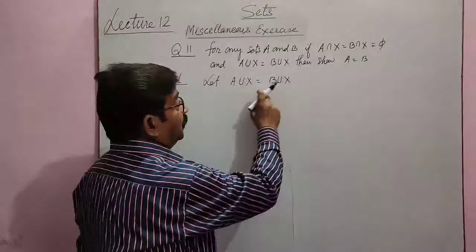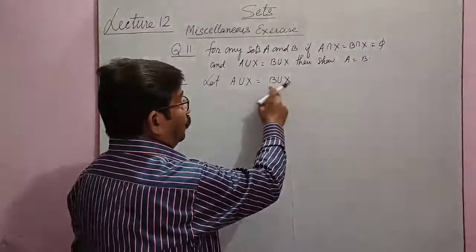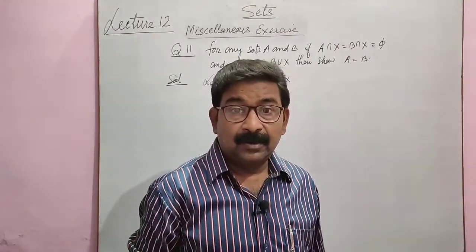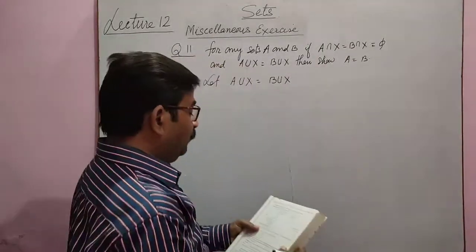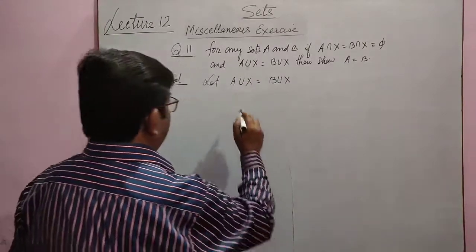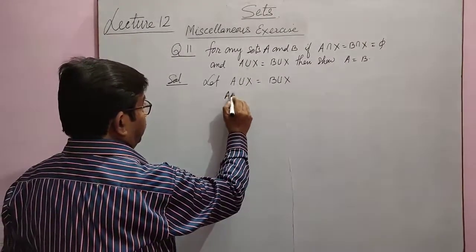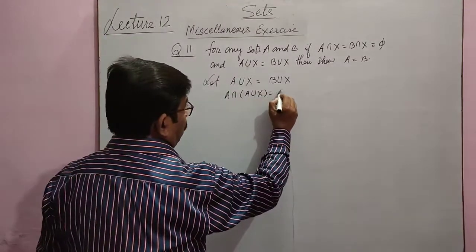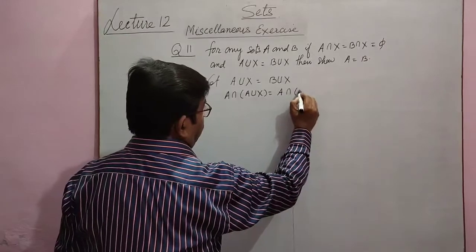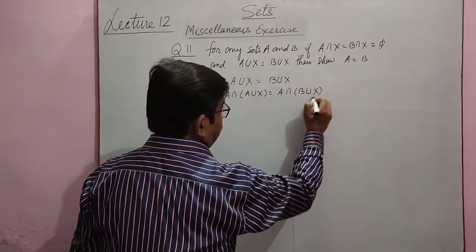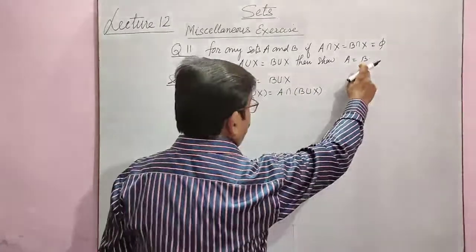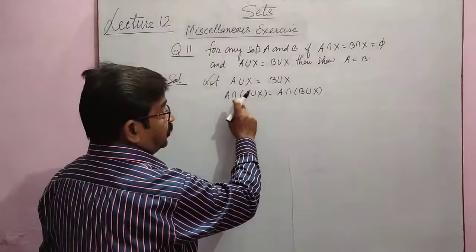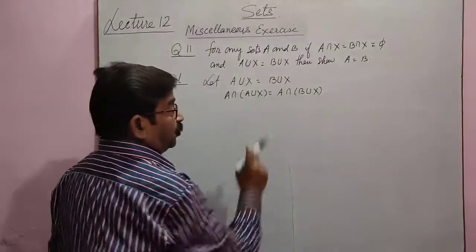If we take union, intersection, A on both sides, then intersection B on both sides. So we may take like this: A intersection (A union X) is equal to A intersection (B union X).